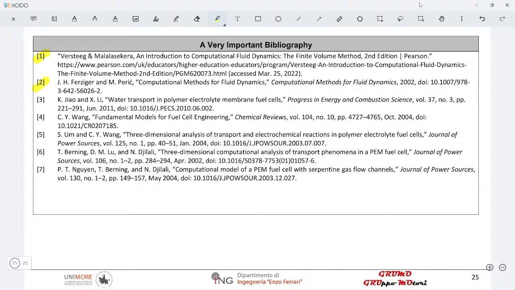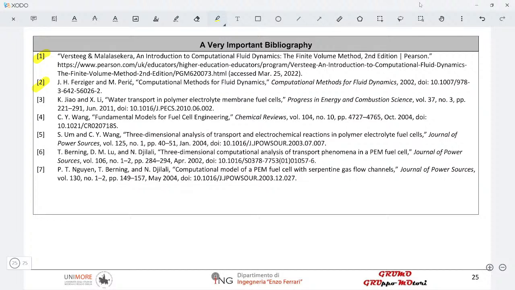Then with 3D CFD, like with the models that we talked about in this course, you might simulate the representative state of a first, intermediate, and last unit cell in your stack. I think this is the most logical and the most common way in literature to adopt these 3D models to a full stack.